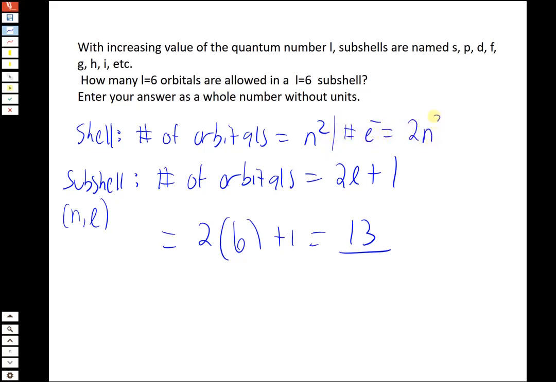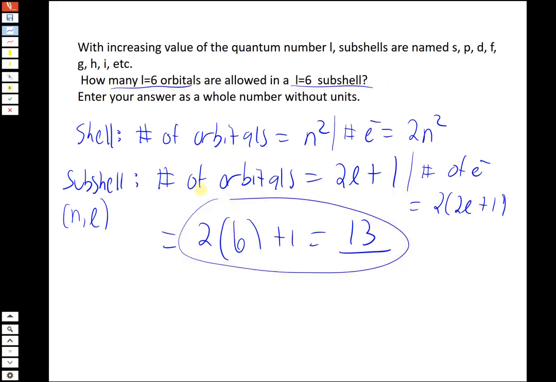So 2n squared is the maximum number of electrons in a shell, or 2 times 2L plus 1 for the maximum number of electrons in a subshell, because there's 2 electrons maximum per orbital. So there are 2 different related relationships that deal with number of orbitals or number of electrons in a shell or a subshell. Here we're looking for number of orbitals, and we're given an L value, so we're going to use the 2L plus 1 equation.